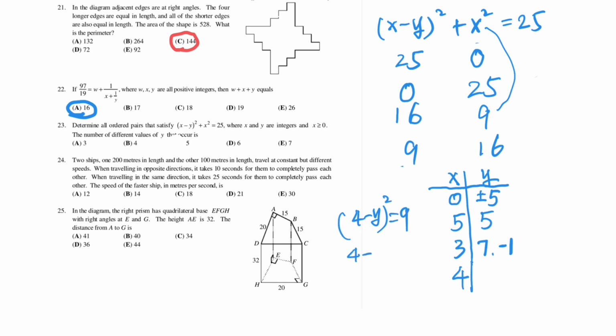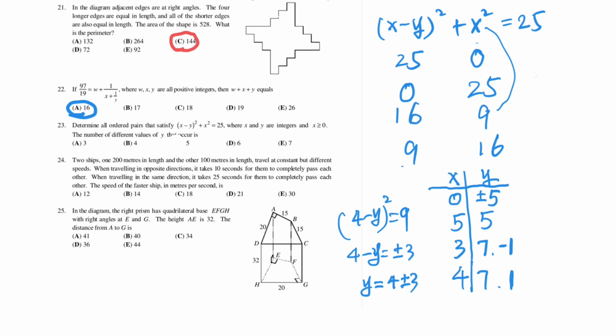Take the square root: 4 minus y equals positive or negative 3. y equals 4 plus or minus 3, which means 7 or 1.